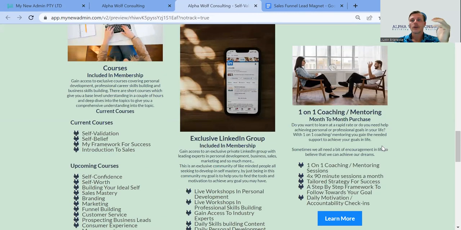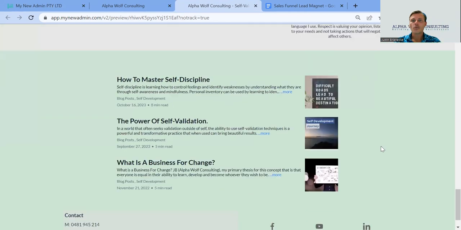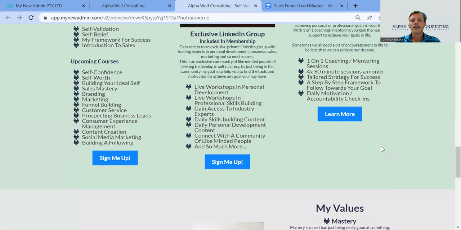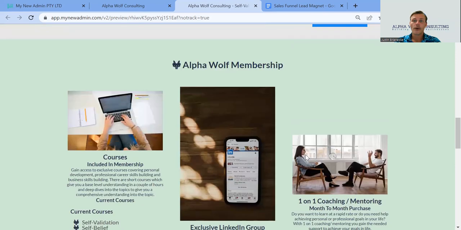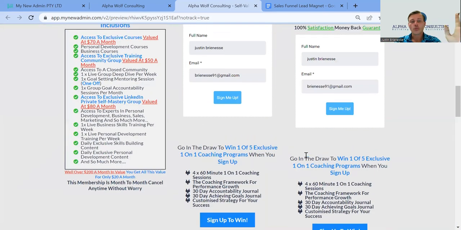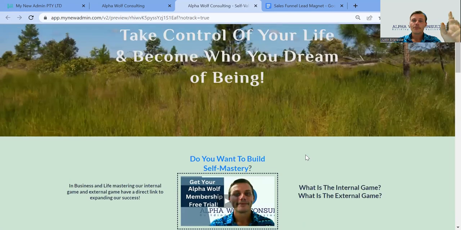So think about it like this. When we're trying to utilize a sales funnel, we don't want to overcomplicate it by having too many different products or different ways that we go about trying to sell the products. We just want one simple way that we try to do it. We just want a clear journey.